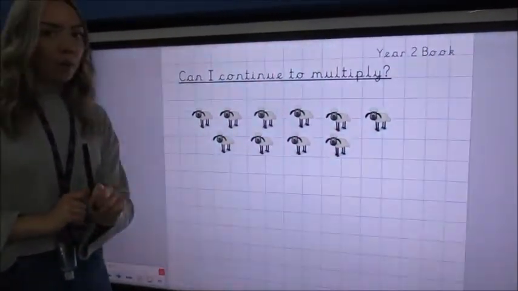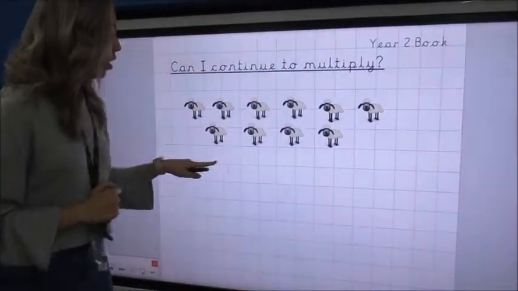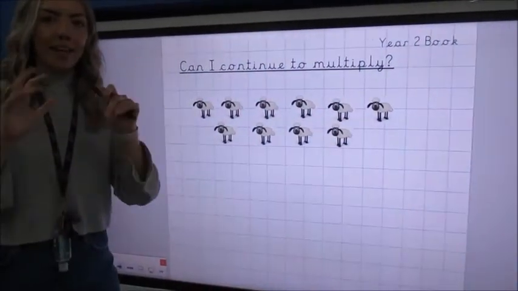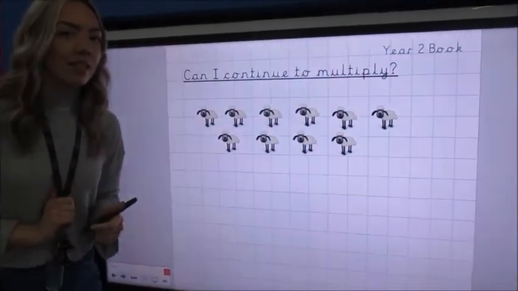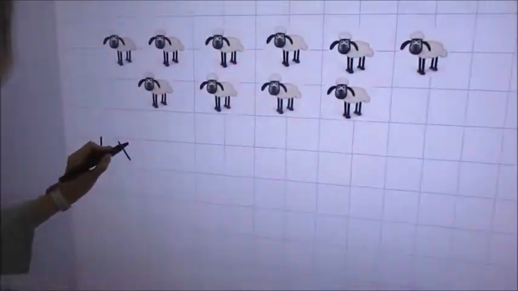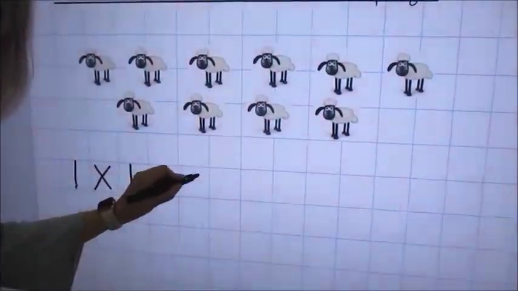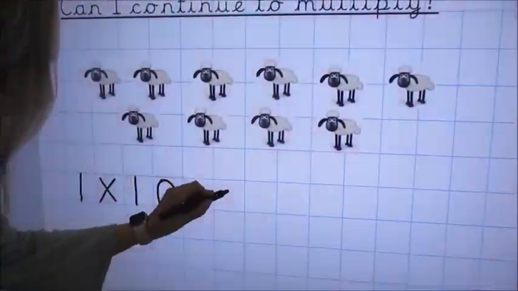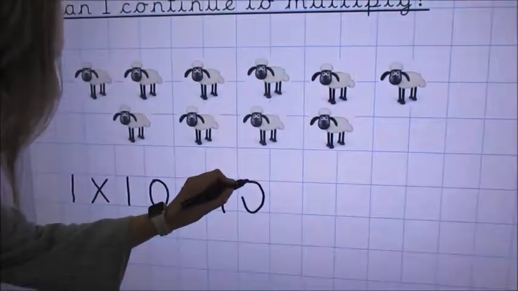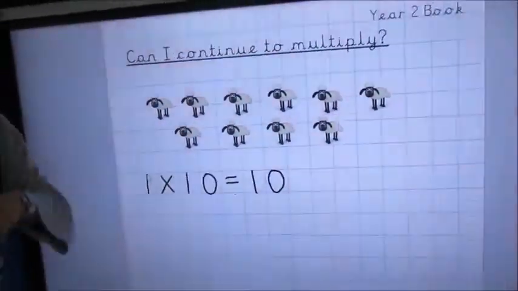So I know now already that I've got one group of 10. And in a number sentence, that looks like this. 1 times 10 equals 10. So one lot of 10 equals 10.